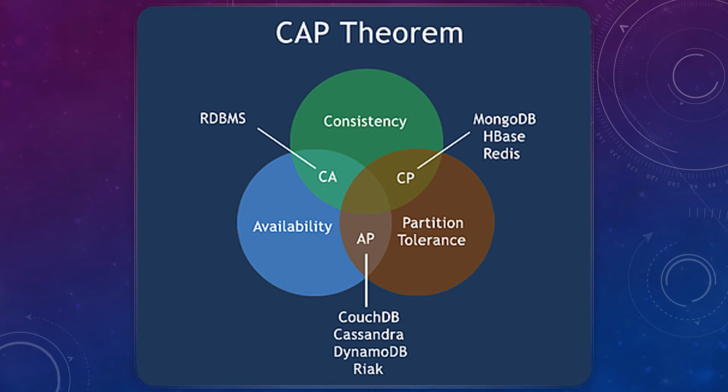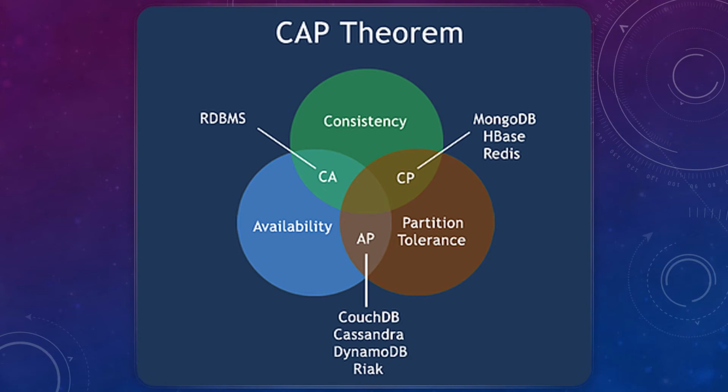Coming to the CAP theorem, it was proposed by Eric Allen Brewer in 2000. That's why, in other words, we can call this theorem Eric Brewer's theorem. It states that we can only achieve at most 2 out of 3 guarantees for a database, that is consistency, availability and partition tolerance.